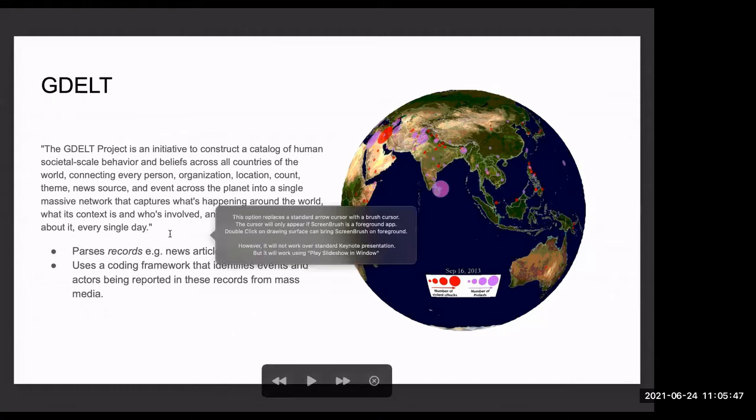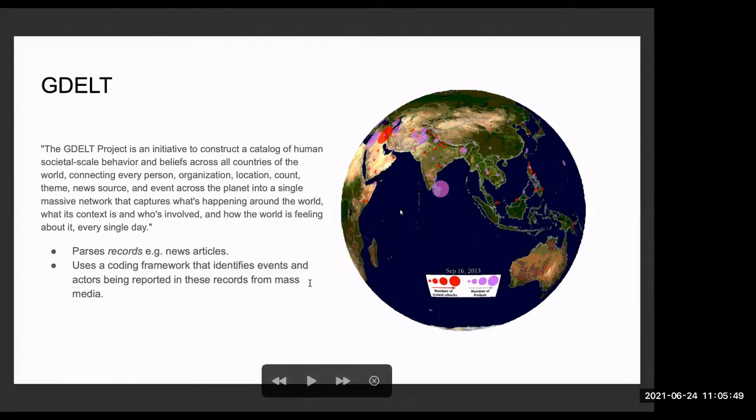But the easiest way is to just think of this as articles. And on these articles, this text, we use a coding framework that identifies events and actors being recorded. So the records from mass media are being coded, so to say.